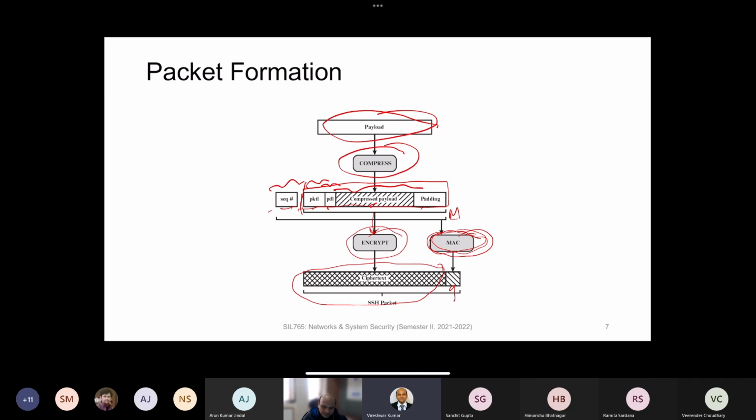The sequence number should be authenticated, of course. So why should it not be encrypted, but it should be authenticated? Any guess about a possible answer?